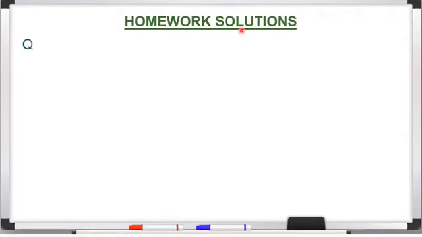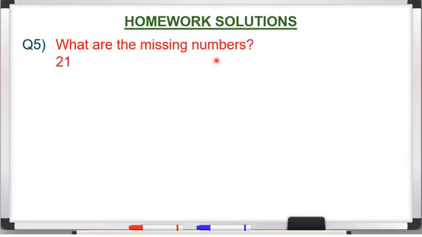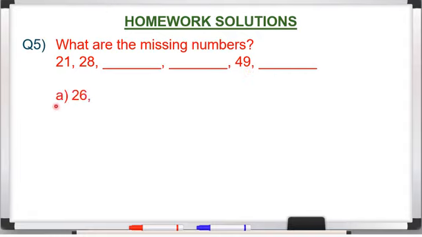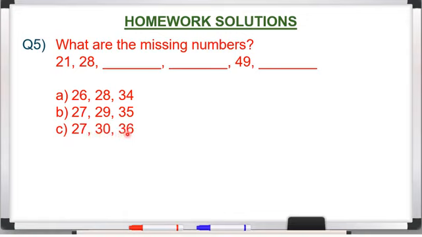Now in homework solutions, we will discuss question number 5. What are the missing numbers? 21, 28, dash, dash, 49, dash. Option A, 26, 28, 34. Option B, 27, 29, 35. Option C, 27, 30, 36. Option D, 35, 42, 56.